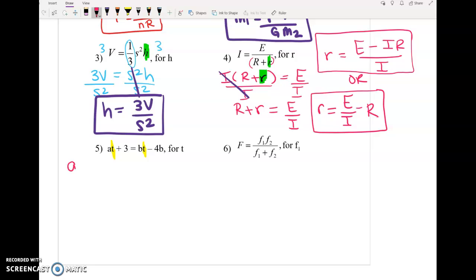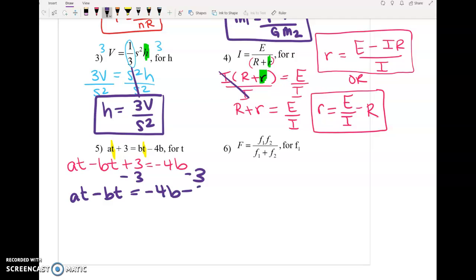So at is already here, and we're going to move bt over by subtracting, and we still have 3, and we have a negative 4b. Now we're going to move 3 over, so we have at minus bt equals negative 4b minus 3.